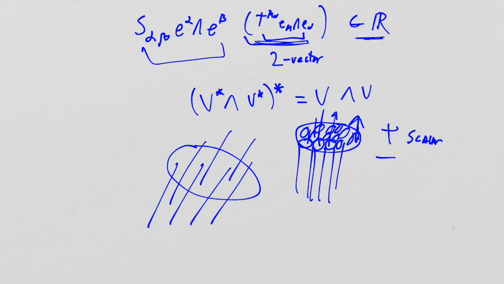And in that circumstance, you're now writing S alpha E alpha tensor product. It's a tensor product density, right? And your thumbtack is still T mu nu E mu wedge E nu.